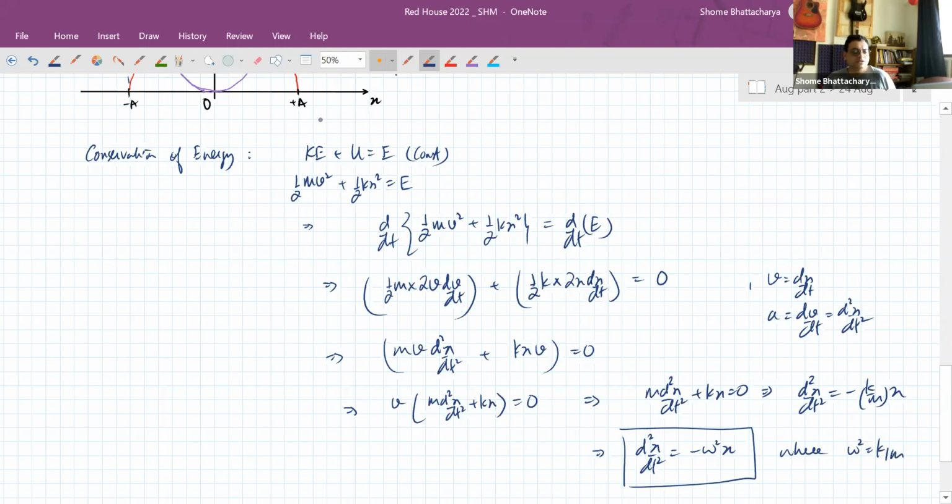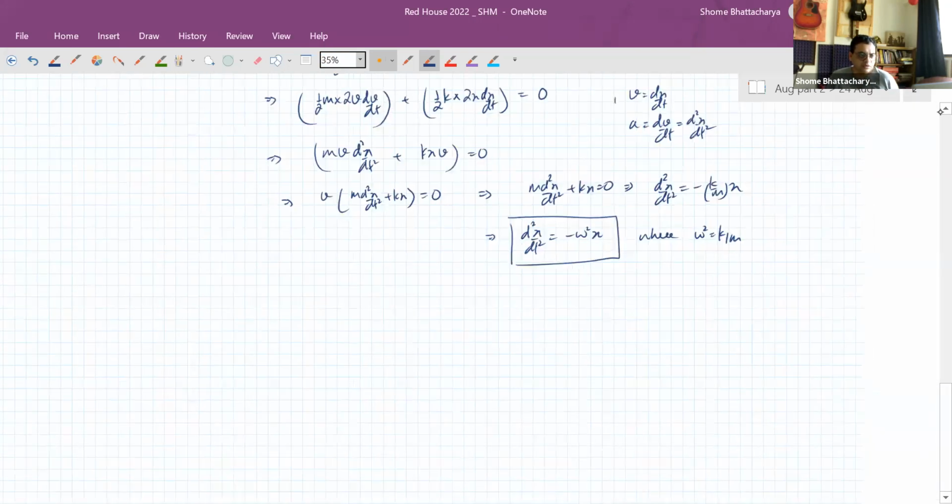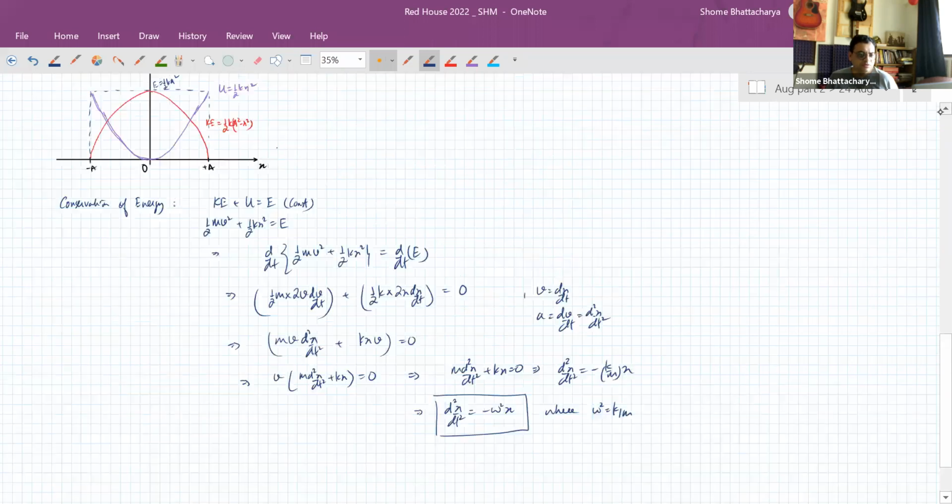So the derivation of this equation of SHM, so far we've always seen it dynamically, but now the derivation of the equation of SHM for a given system can also be done from the conservation of energy method.